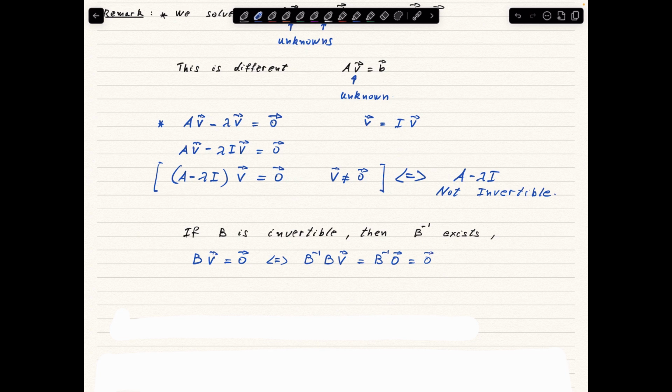And from here we get that this is equivalent, because what we get here is the identity matrix, and the identity acting on the vector is the vector. This is equivalent to saying that the vector v is 0. So the vector v equals 0 is the only solution of the problem when the matrix B is invertible.